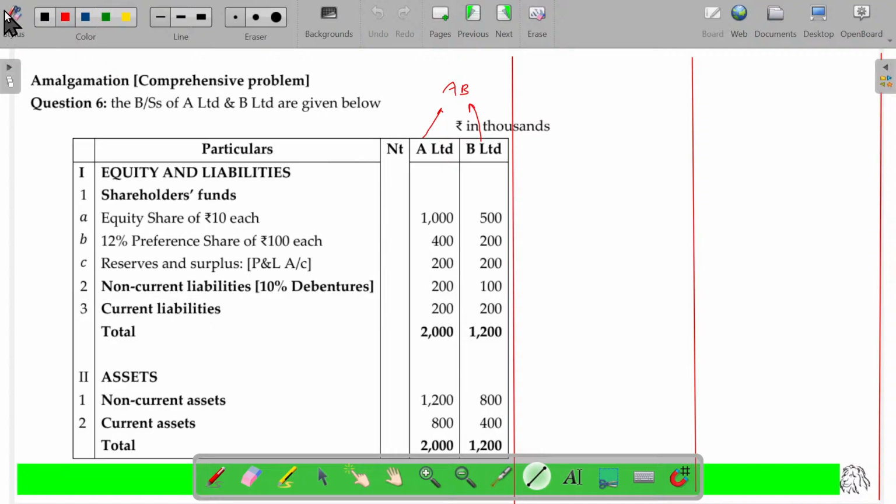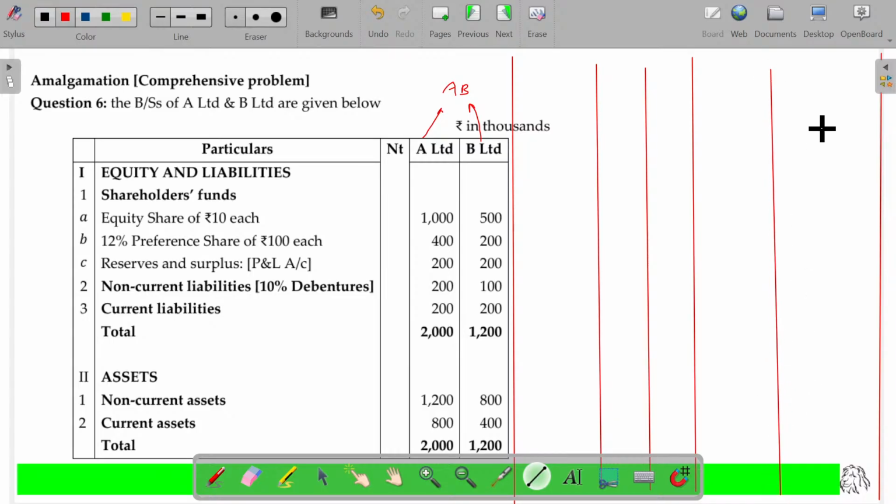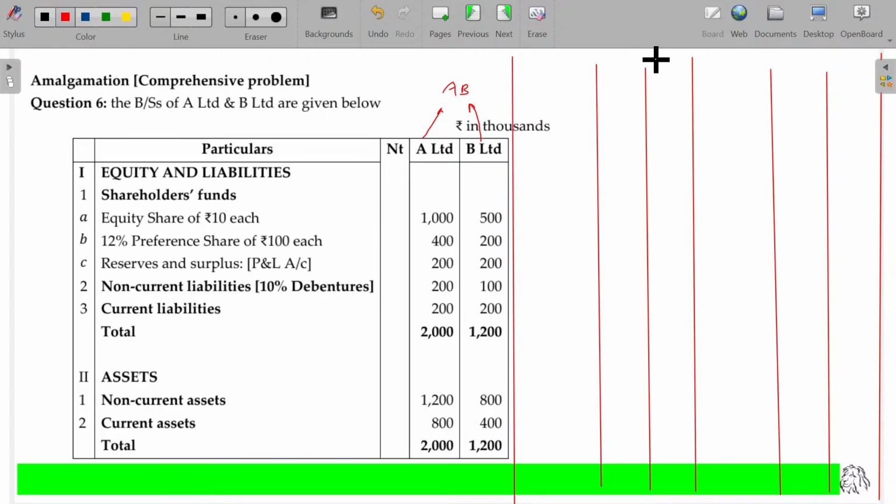Right, here, realization account for both the companies. I can use the columnar form. Realization account and purchasing company account, purchase consideration account and purchasing company account AB.